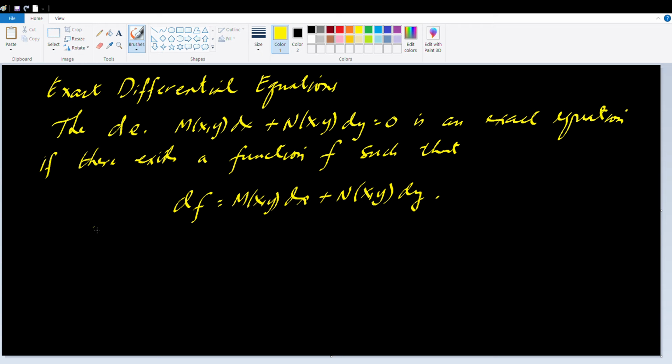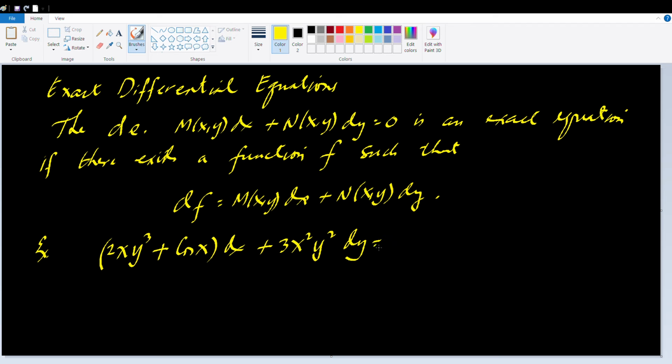For example, we're given the equation (2xy cubed plus cosine x) dx plus 3x squared y squared dy equal to 0.